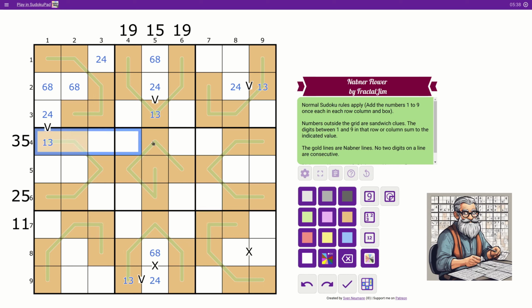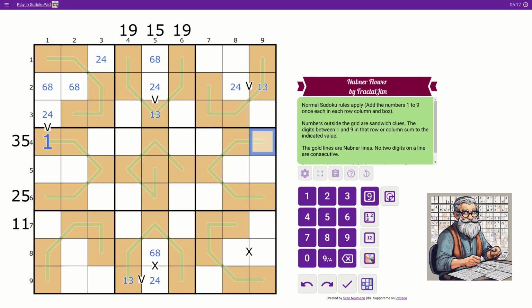So the sum of all of these is 45, and we need 35 between 1 and 9, and 1 and 9 are 10, so we need to put all of the other digits between the 1 and 9 to get to 35, which means that these two should be 1 and 9, because that's the only way of putting all of the other digits in between them. But this one couldn't be 9, so this one is 1. Well, it is 1.